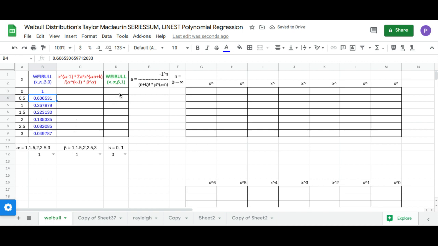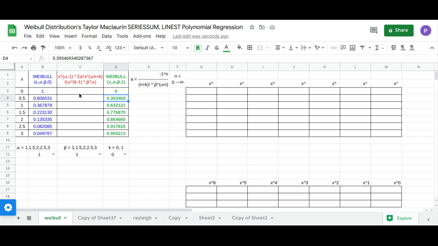And the cumulative distribution function, which is array formula, Weibull of the x values, alpha for the shape and the rate, that's our beta, and 1 because this is the cumulative distribution function.